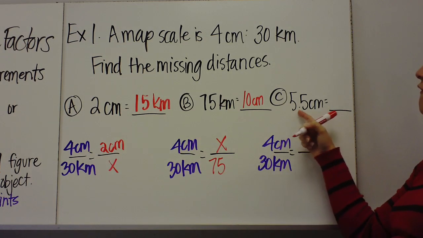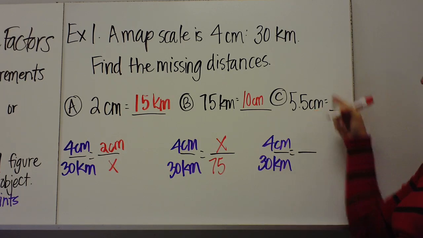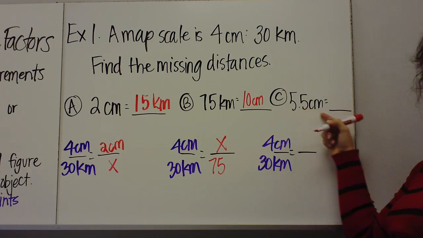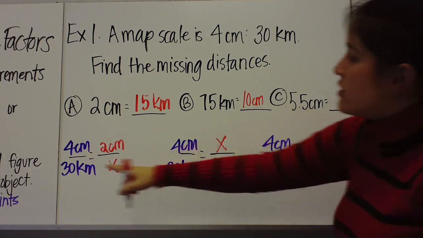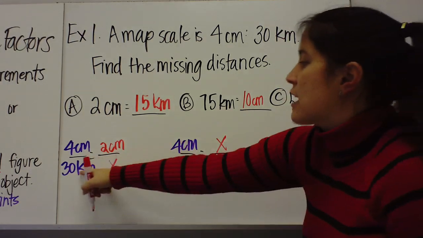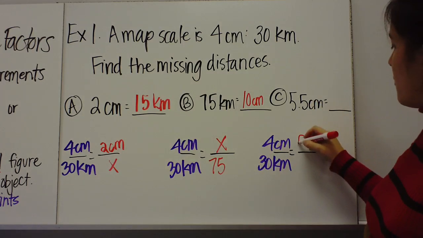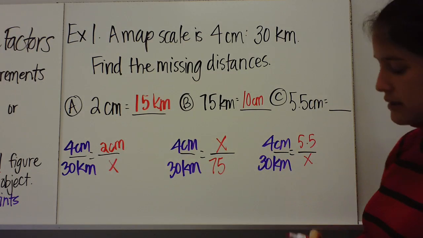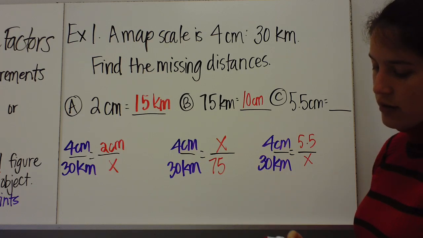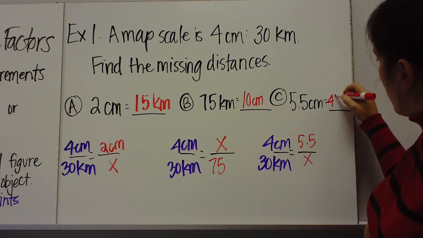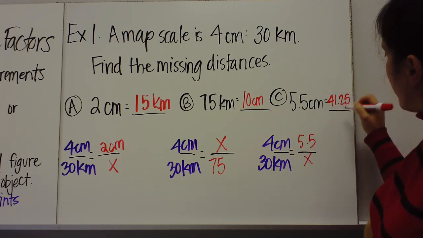Here's another one. 5.5 centimeters equals how many kilometers? Again, we have centimeters, that's on the map. So I start with my scale. Notice, I always start with my scale. Scale, scale, scale. 5.5 over X. Divide by 4 and we get 41.25 kilometers.